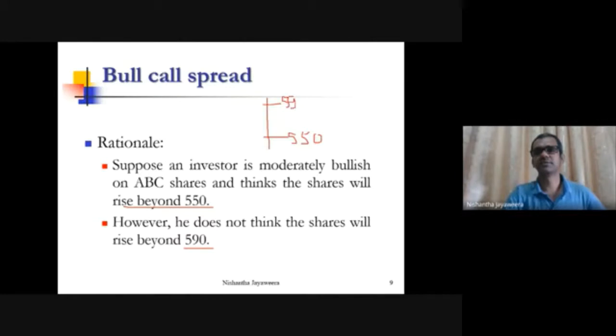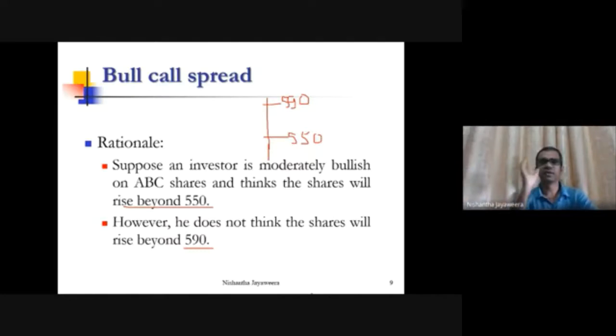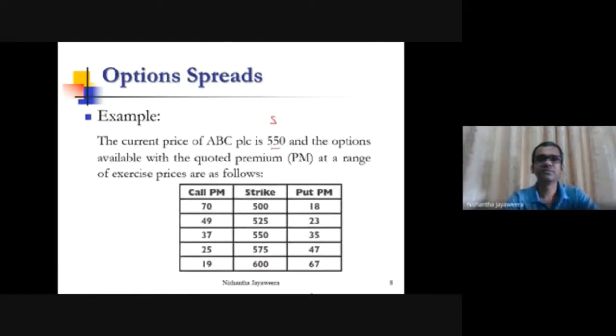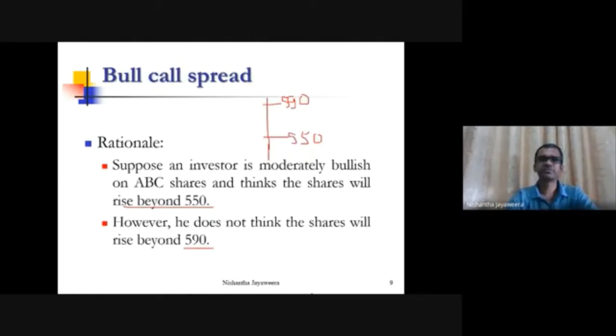The investor expects price to remain somewhere here on a future date. So what would he do, what is the current price? 550. He can buy a call at 550 and sell a call at 590.